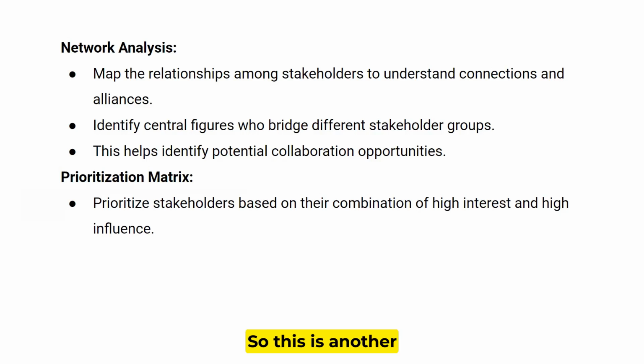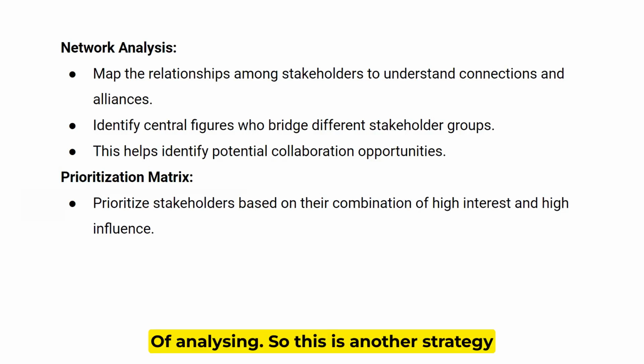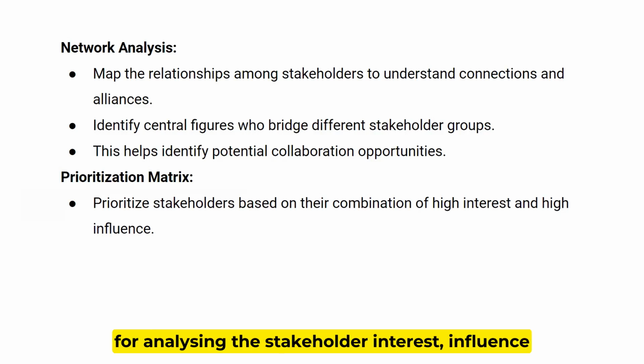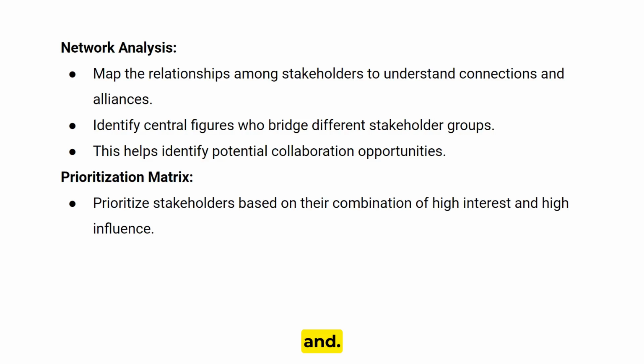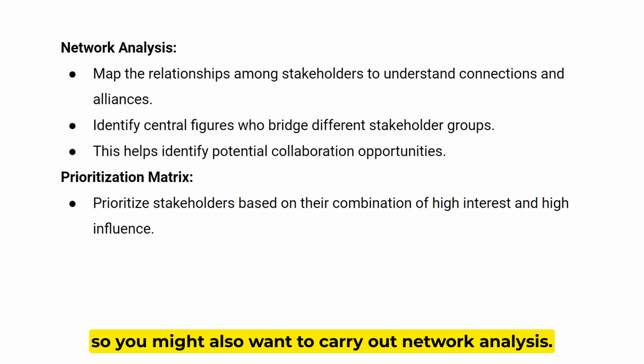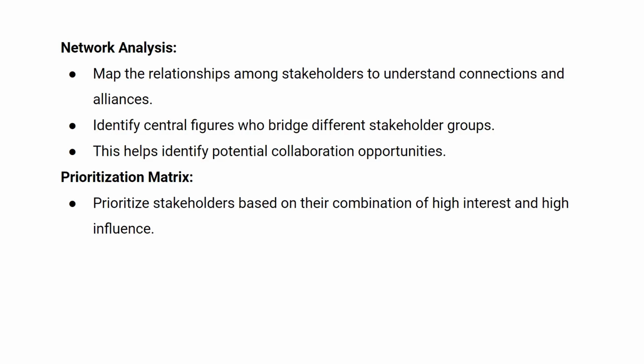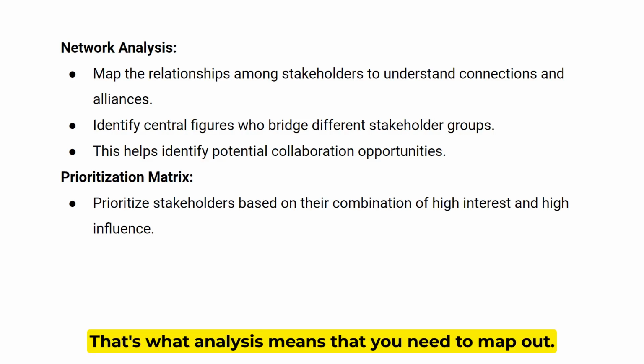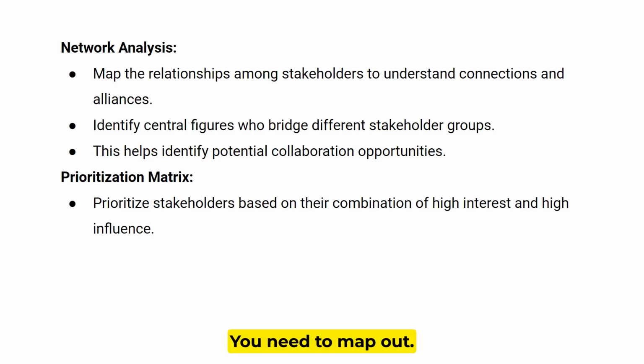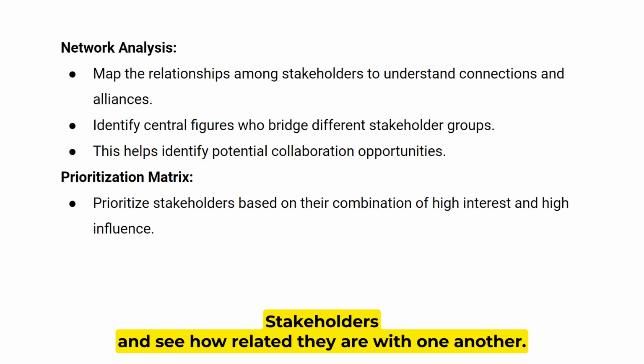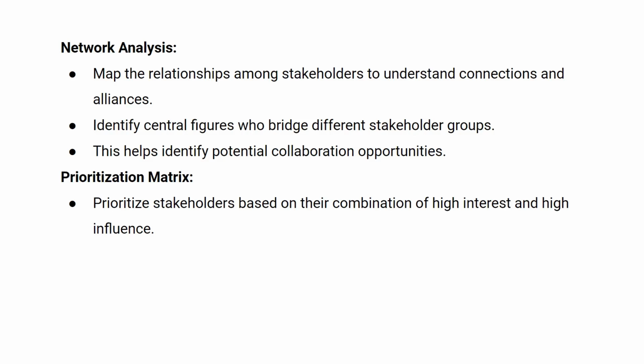So this is another technique, another strategy, for analyzing the stakeholder interest, influence, and potential contribution. So you might also want to carry out network analysis. Network analysis means that you need to map out stakeholders and see how related they are with one another.